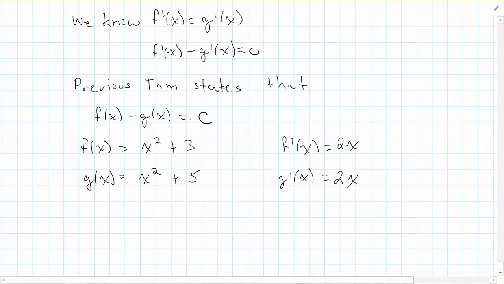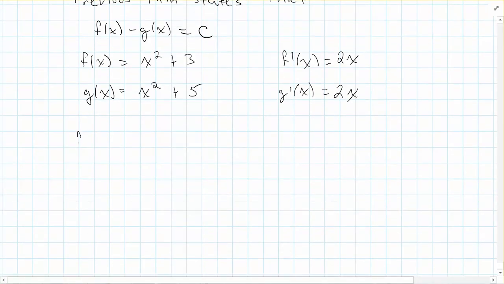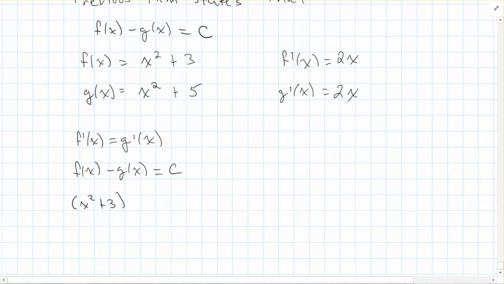So we know that g prime of x is equal to 2x, and so we have the same derivative. What this theorem is basically saying is that since f prime of x equals g prime of x, then f of x minus g of x has to be a constant. Let's just do that here. x squared plus 3, that's f of x, minus x squared plus 5.